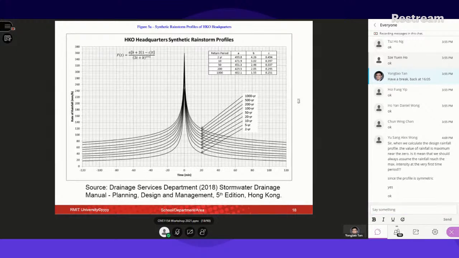for each side 20 minutes, because we assume that the rainstorm is at its maximum at the middle of the event, not at the very beginning.